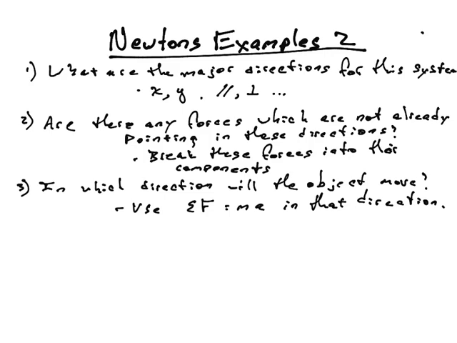Either x and y components or parallel and perpendicular components. And finally, part 3 is, now that everything is set up, you have all the information available to you, do F equals ma, but you do it in the direction that you know the object will move. So, for instance, if it's an x and y direction system, well, it's either going to move in x or it's going to move in y. So if you know which one it is, do F equals ma in that direction.